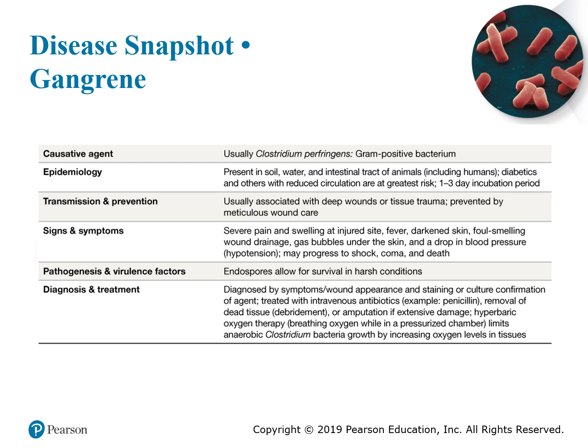Gangrene is caused by Clostridium perfringens, and so this is a gram-positive bacteria that we typically find in the soil, water, and intestinal tract of various animals, including humans. Diabetics are more prone to this just because there's reduced circulation throughout the body.